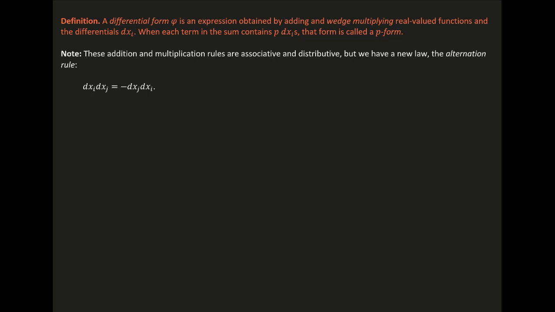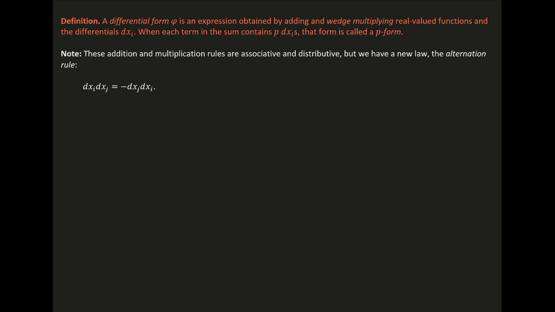In particular, if each term in the sum has only one dxi, so for example, something of the form f dx plus g dy plus h dz, we would call that a one form, and that's the subject of the previous episode. Note, the rules for addition and multiplication for these differentials are associative and distributive.